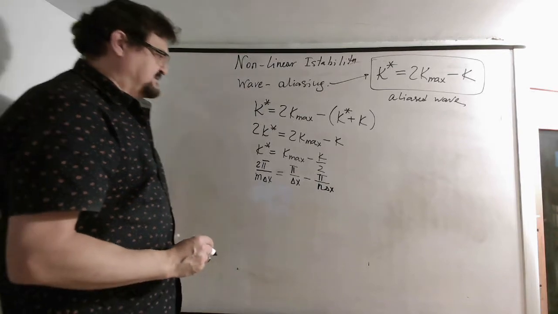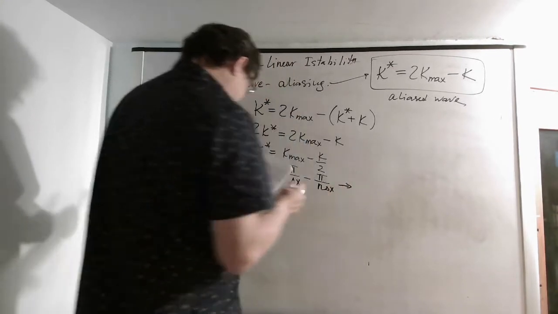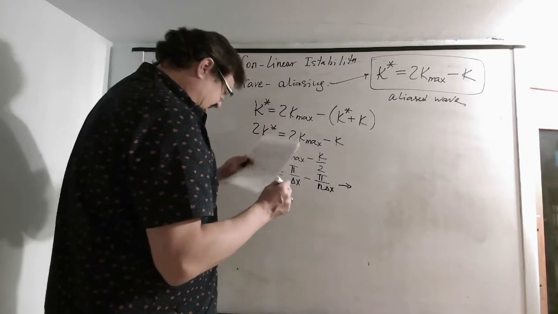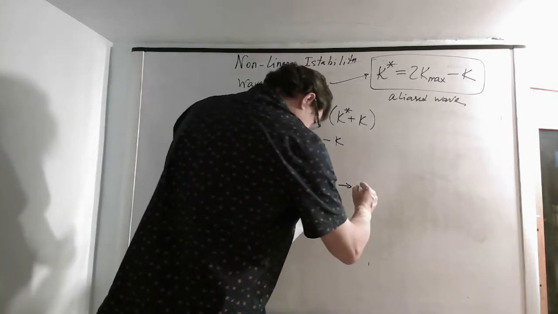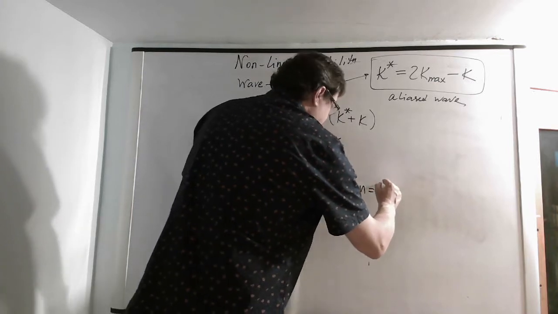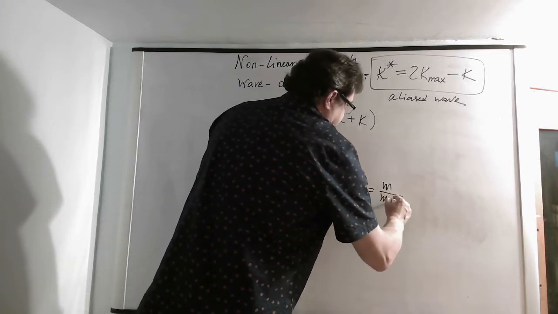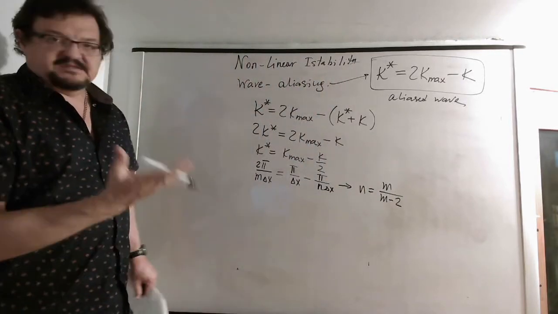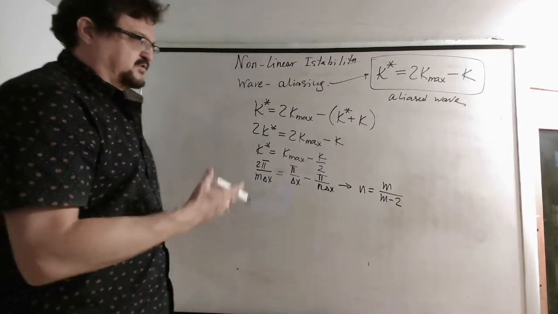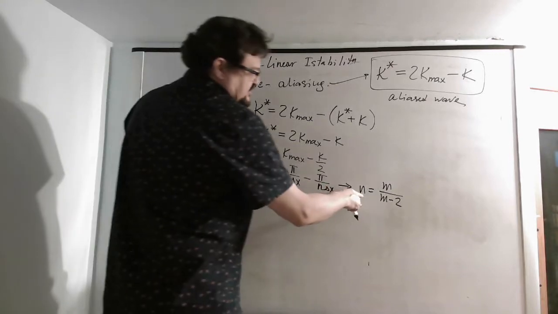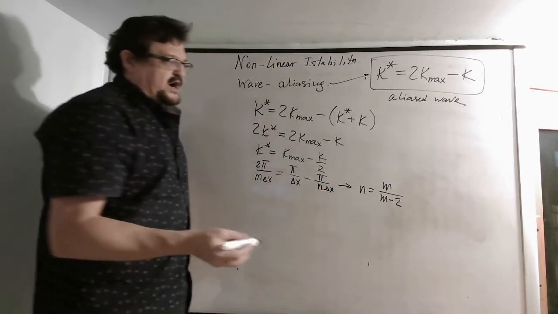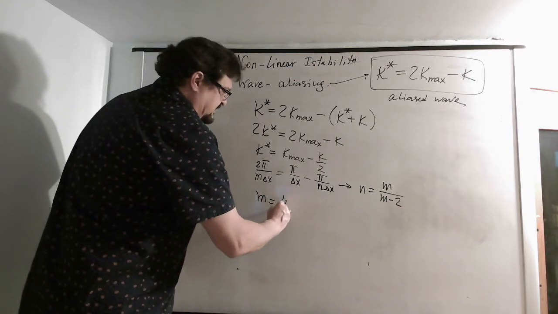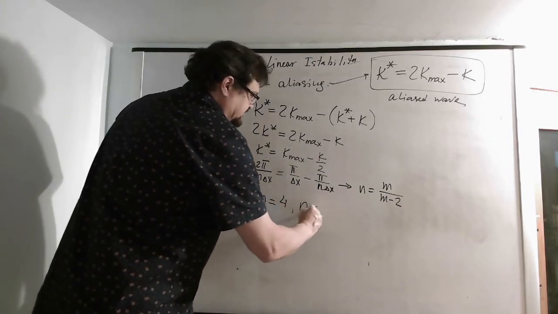From that we can easily derive that n should be equal to m divided by m minus 2, and n is an integer number, that's a certain wave. There is only one possibility here: m equals 4, then n equals 2.